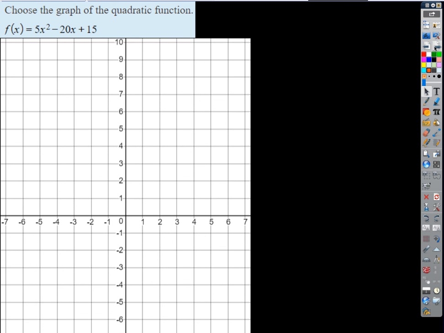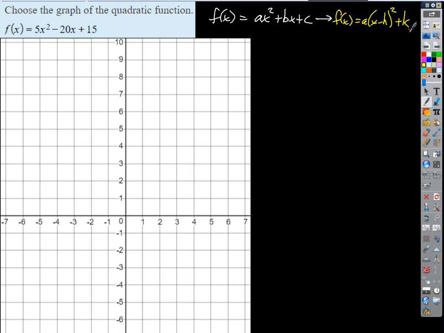Okay, so what form is this in to start with? Standard form, right? So this time we're going from f of x equals ax squared plus bx plus c. We want to turn that into vertex form, right?